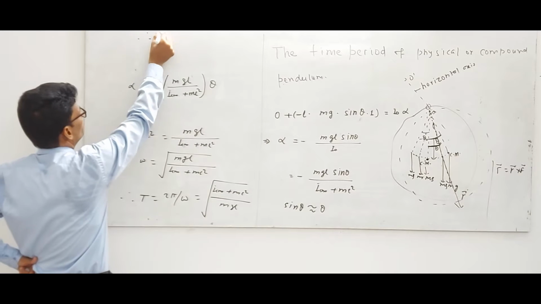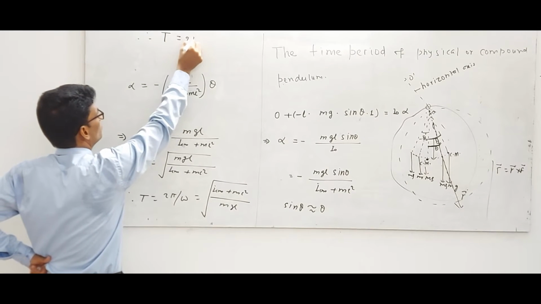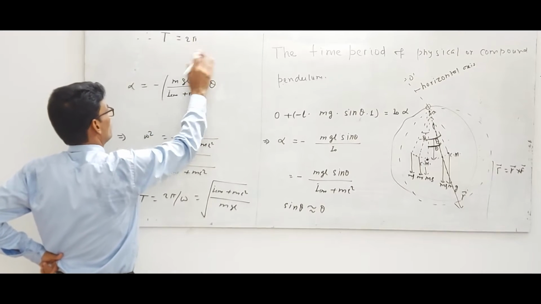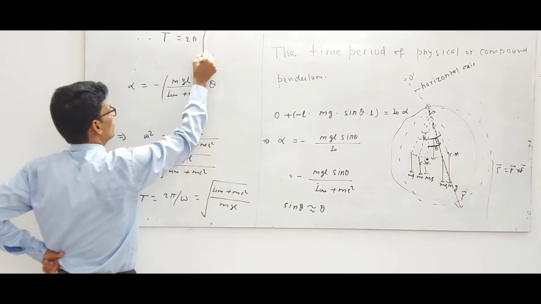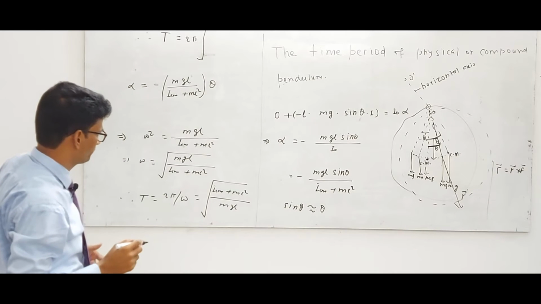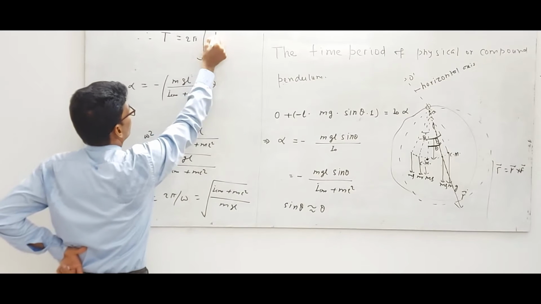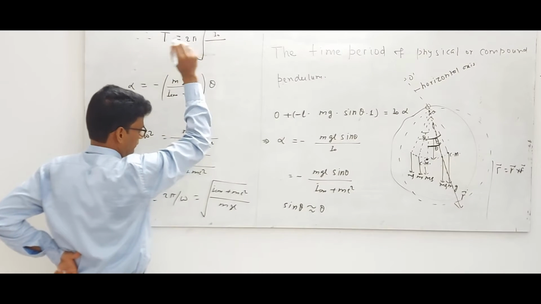So you may write time period is equal to 2 pi square root of I0 over mgl.